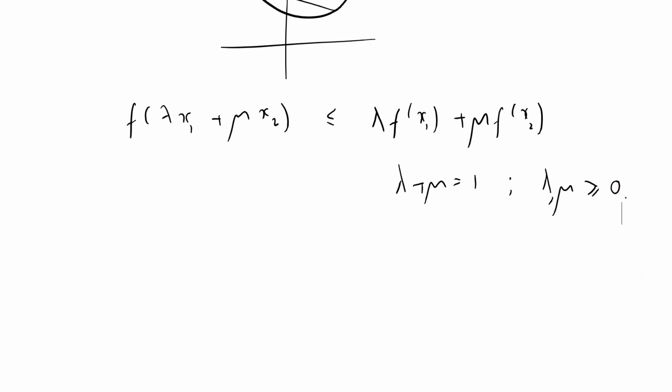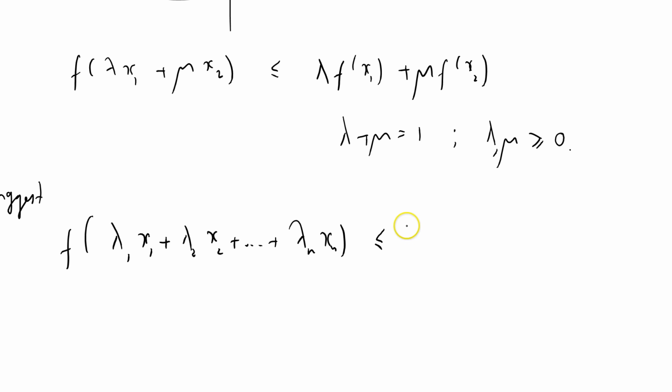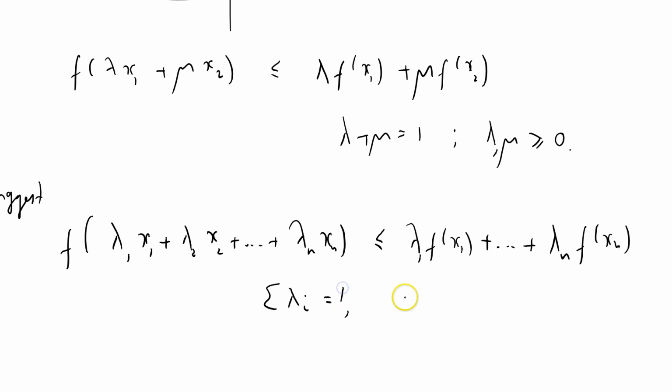So, and that suggests thinking about f of lambda 1 x1 plus lambda 2 x2 plus dot dot dot plus lambda n xn less than or equal to lambda 1 f of x1 all the way through to lambda n f of xn, with the proviso that sigma lambda i equals 1, lambda i is non-negative for all i.